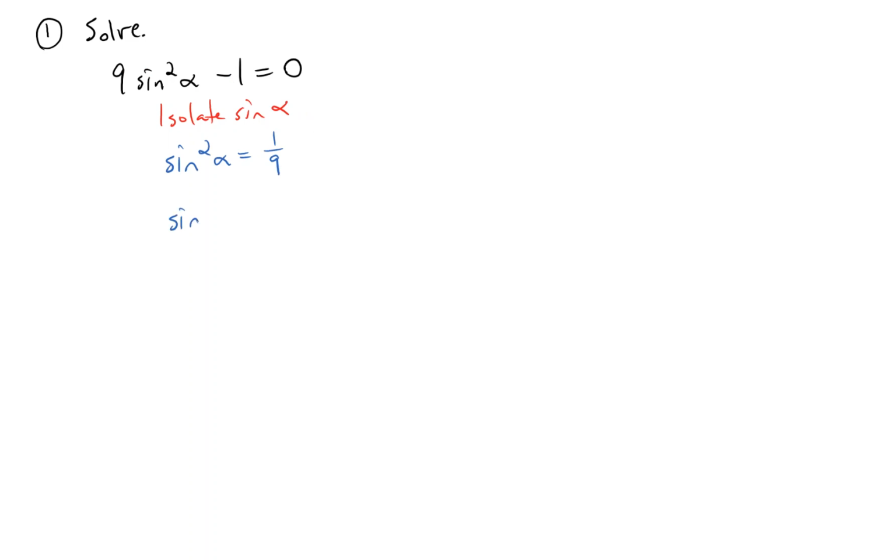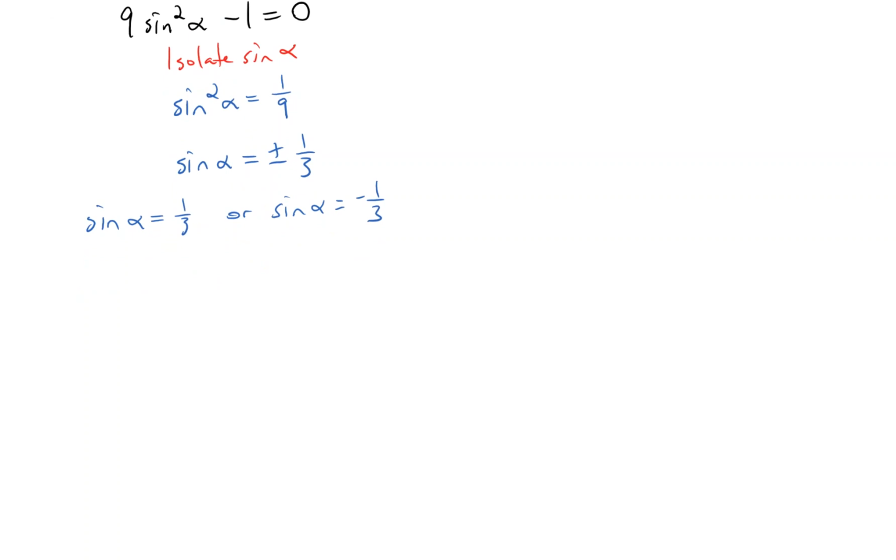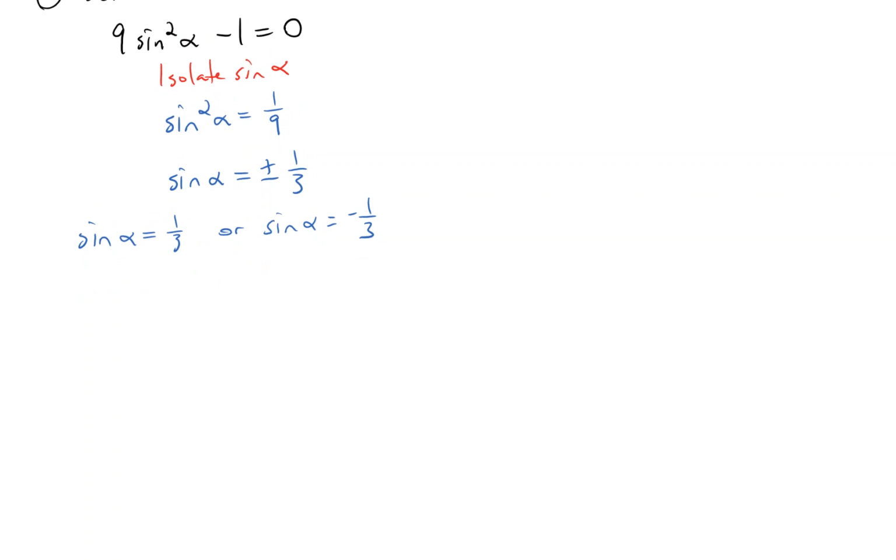And then I'll take the square root of both sides and see that sine of alpha could be plus or minus 1/3. So in other words, the sine of the unknown angle alpha could be 1/3, or the sine of that unknown angle alpha could be negative 1/3. So now I'm going to draw pictures of what alpha could be, understanding that my opposite over hypotenuse could be 1/3 or could be negative 1/3.